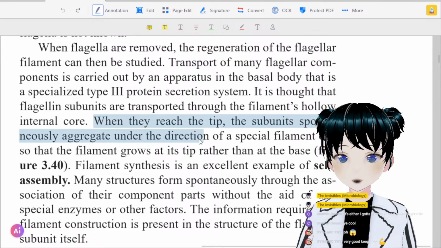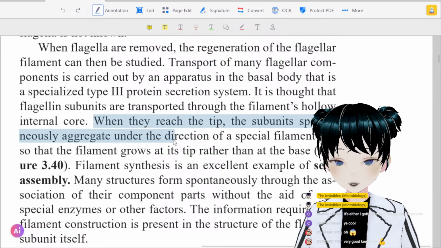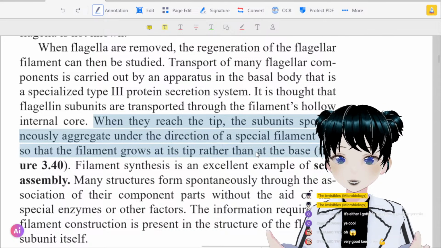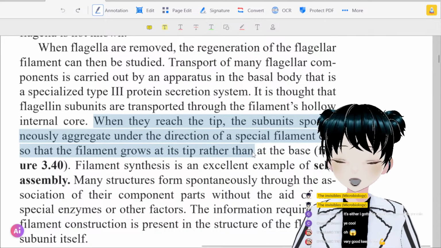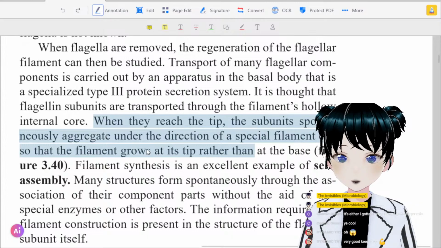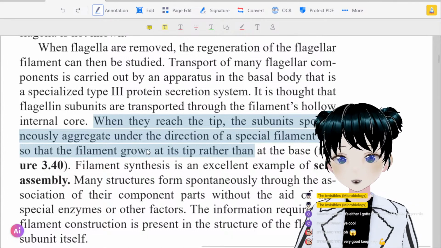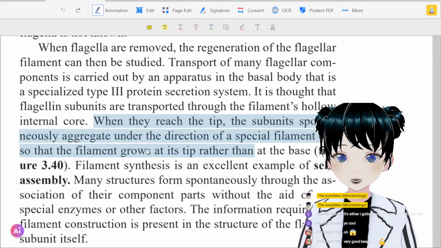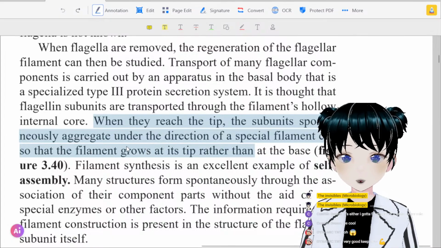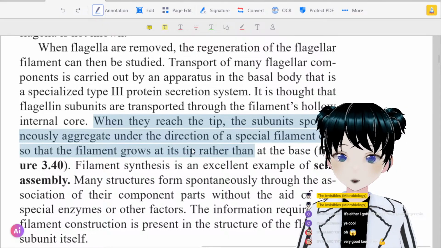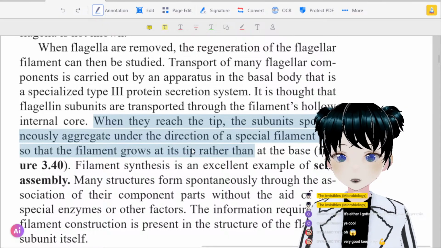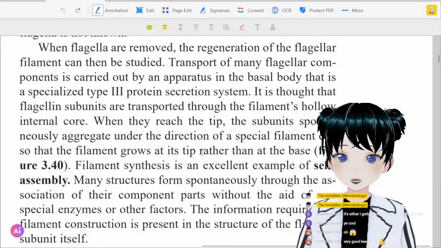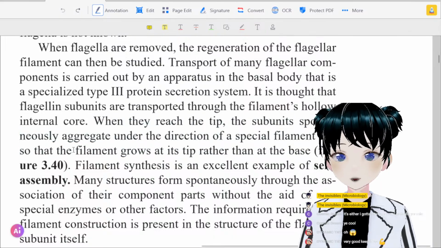When they reach the tip, the subunits spontaneously aggregate under the direction of a special filament cap. Aggregate means they cluster the proteins. The amino acids, when they come out of the ribosomes, are not in aggregate form, they are in chain form. But here, at the special filament cap, they aggregate, because that's what the filament cap tells them to do.